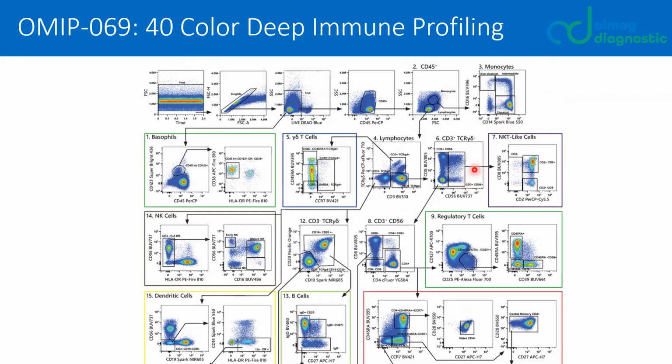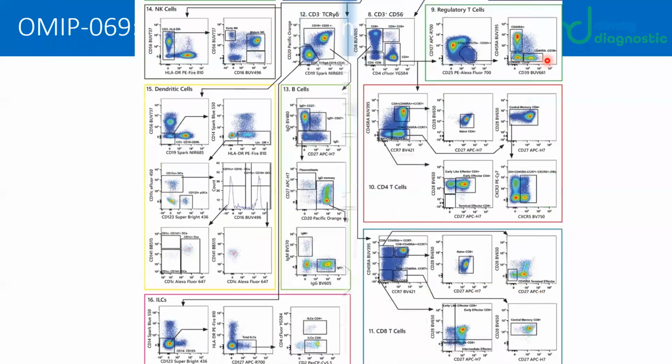You can see also the TCR gamma delta positive cells. We have many cell types here: B cells, dendritic cells, and also central memory CD4 positive cells. So everything is really nicely resolved here, and this is really impressive data, I think.